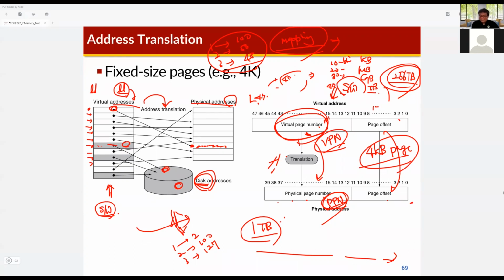So for this translation, we need the mapping information.